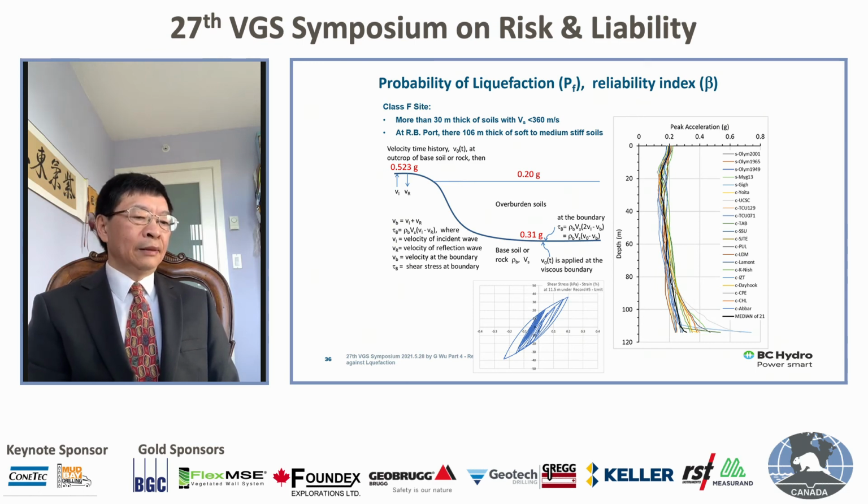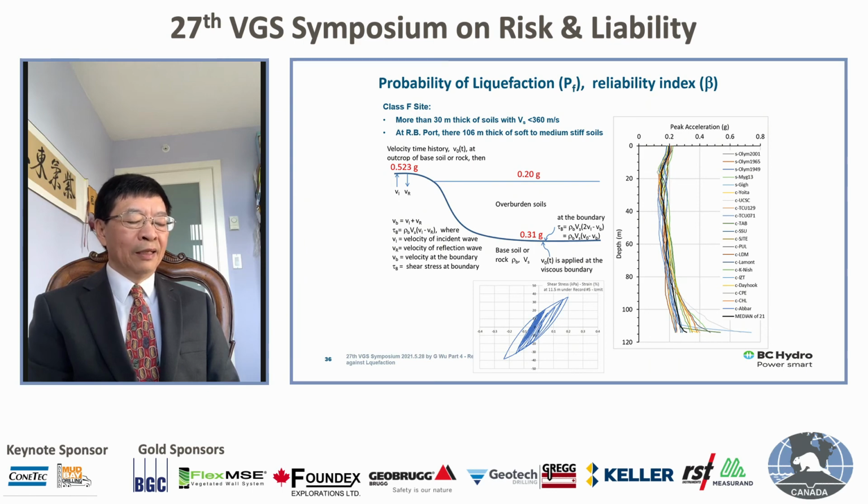So in this slide, just to show you why the site for class F has de-amplified the ground motion by that much. So basically you have outcrop ground motion of 0.5 to 3G. After you do that, you get within at the base, you get 0.31G.